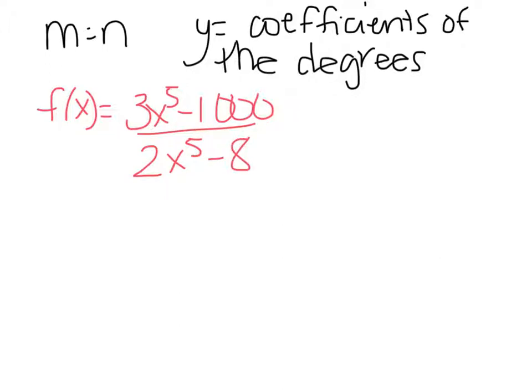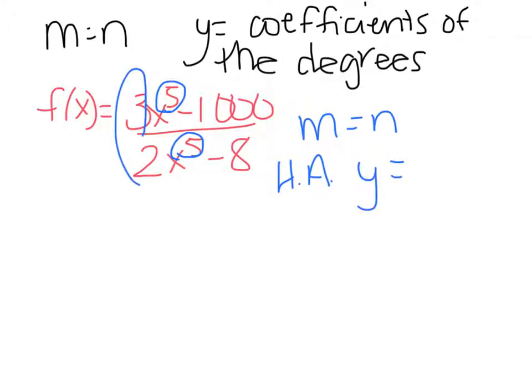Again, nothing really matters right now for the horizontal asymptote except your degrees. The highest exponents are both 5. Since m equals n, your horizontal asymptote is going to be your coefficients. So y would equal 3 divided by 2.